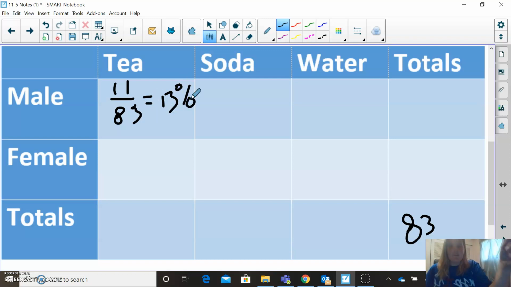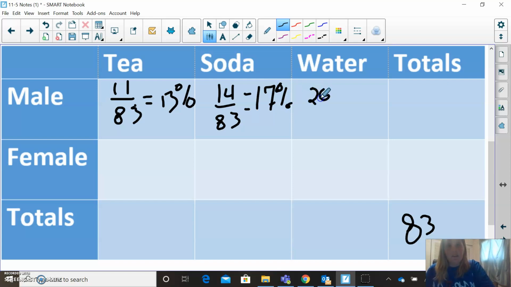So 13% of the total. For soda, we had 14 over 83, and that's equal to 17%. For water, we had 26 over 83, and that is equal to 31%.